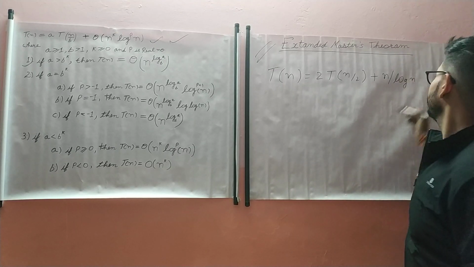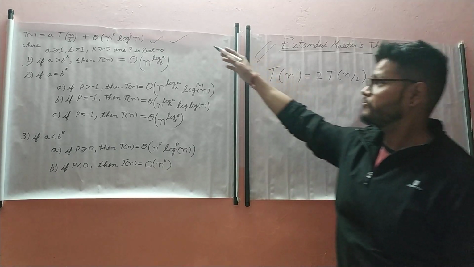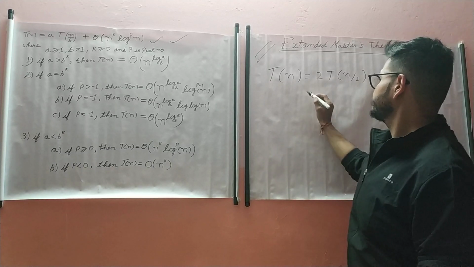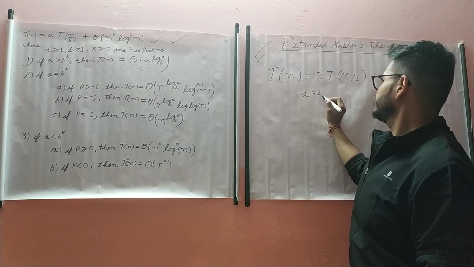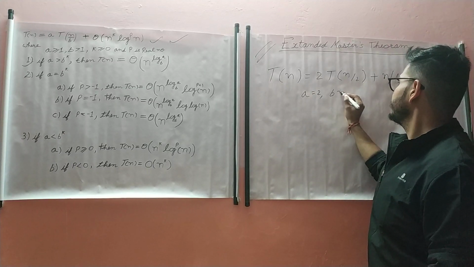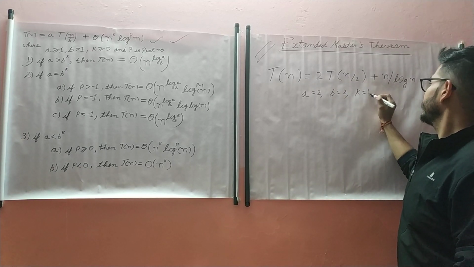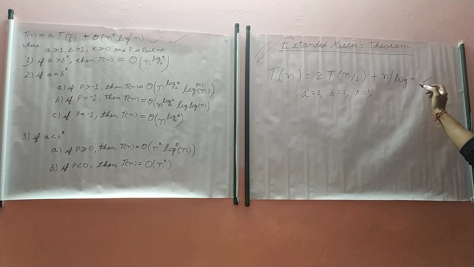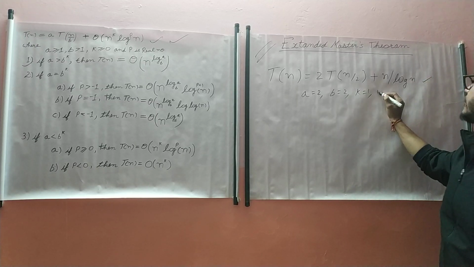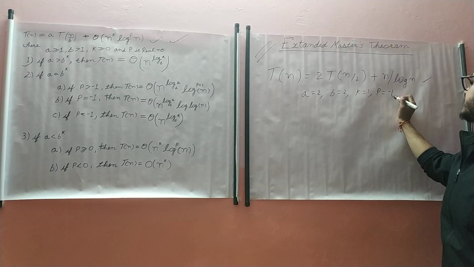Again we will compare this equation with the form. So we get a = 2, b = 2, k = 1, and again for this n divided by log n, the power of log n should be minus 1. So we can say that p = -1.